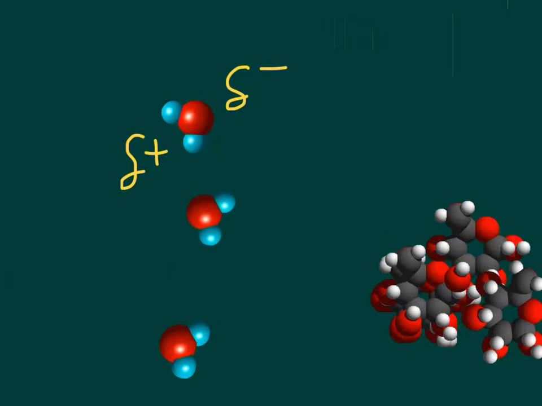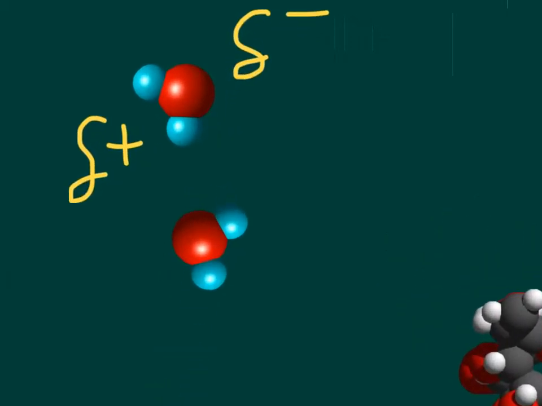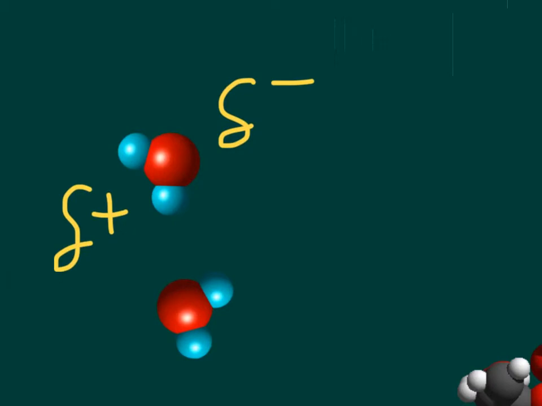So, for example, if we are looking at this water molecule right here, we would see that there's a bond between each of the hydrogens and the oxygen, right? So that bond right there, that is a covalent bond.